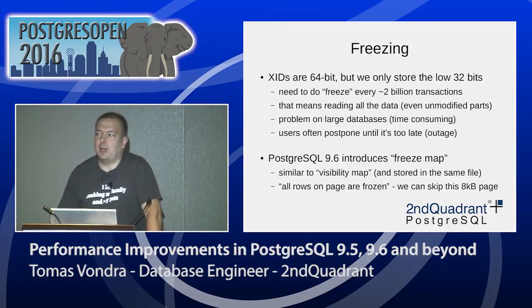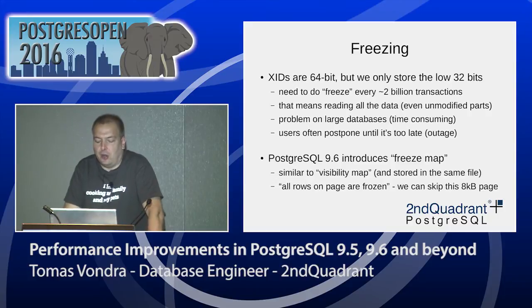So even if you have a huge multi-terabyte database, which only actually modifies the last few percent of the data, we had to scan everything from scratch. And 9.6 introduces something we call a freeze map, which allows us to skip the sections of the data that were not actually modified since the last vacuum freeze.